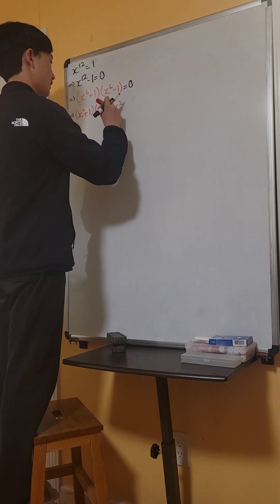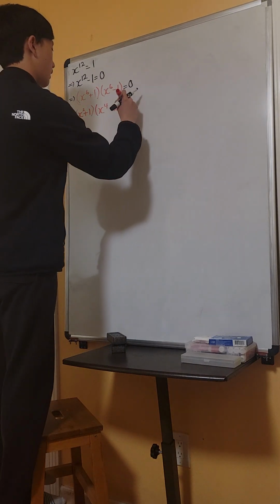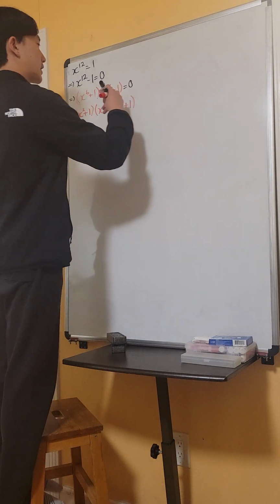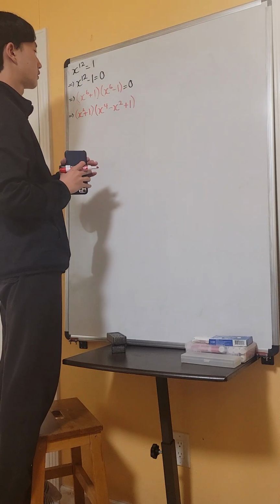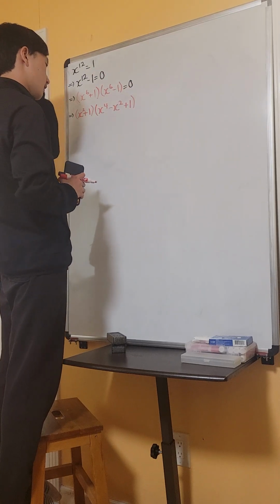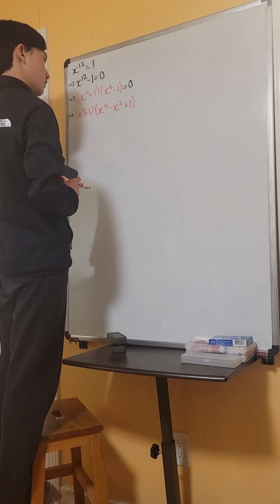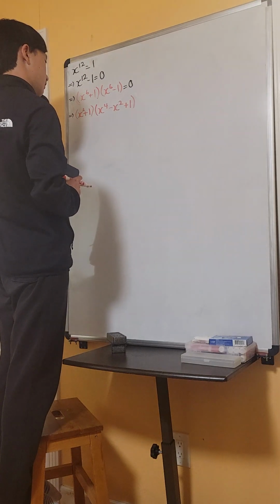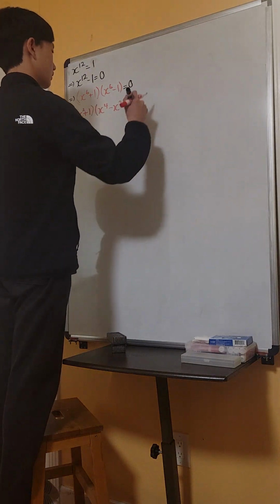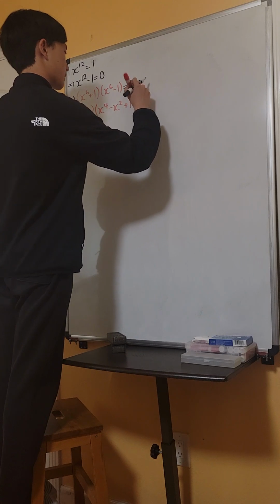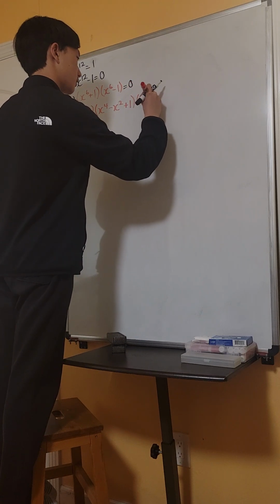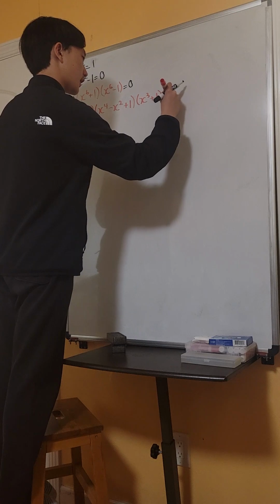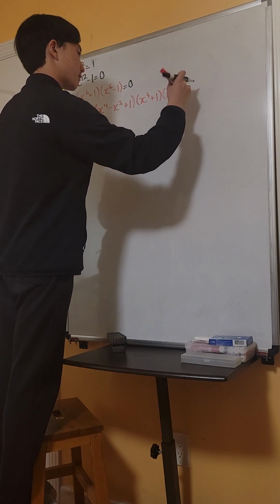Sorry, no, not plus, minus, because this is the sum of cubes formula. Plus 1, right? And then on the right side, treat it as a difference of squares. And then what you get on the right-hand side here is x cubed plus 1, and then x cubed minus 1.